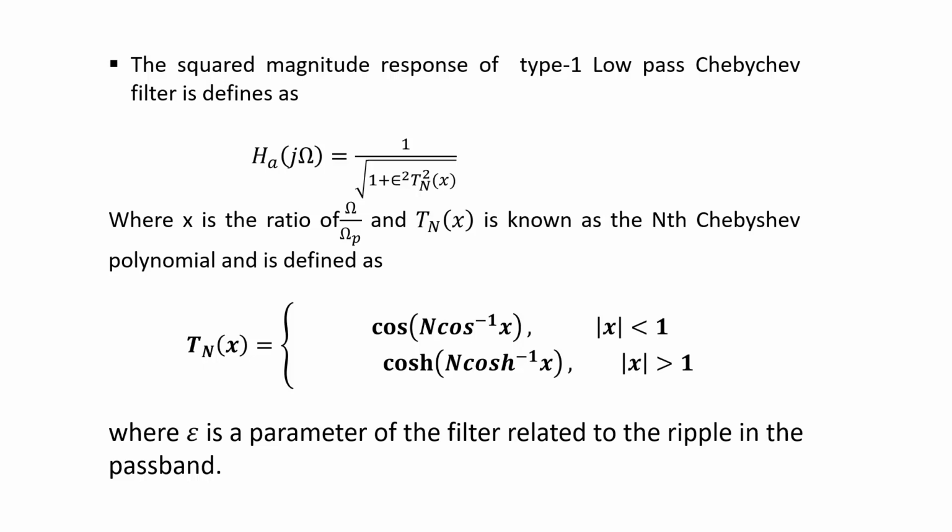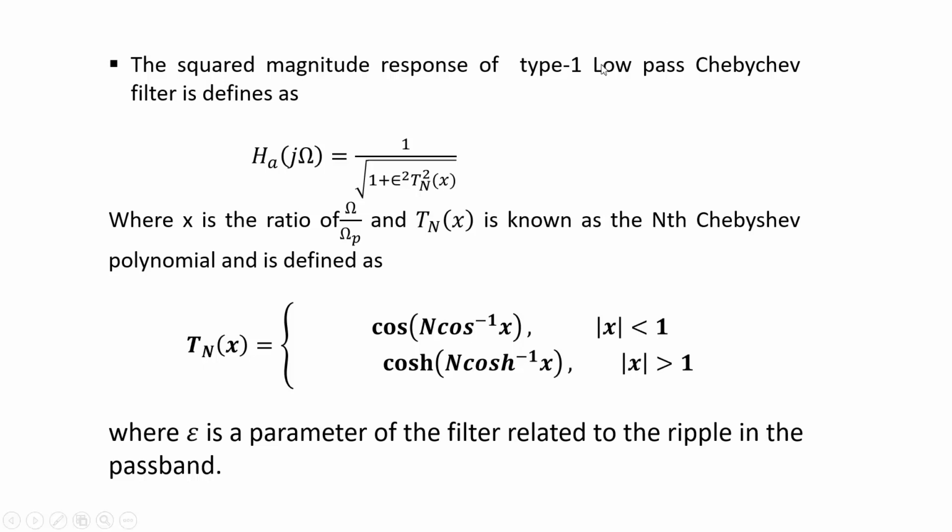The same strategy we will use for the Chebyshev filters also. We will consider the type 1 low pass filter design first, and then take the design further for high pass, band pass or band stop filters.